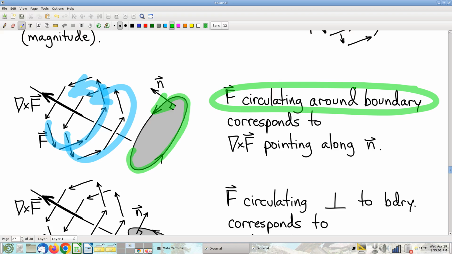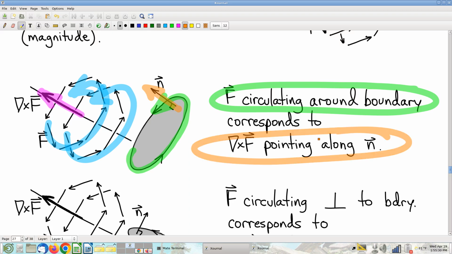Now, what does that have to do with dot product with the normal vector? Well, if we look at the curl, like so, right? And we look at the normal vector. These are the two things that we dot. Curl dot n is the dot product that is algebraically measuring for us how much circulation we expect. Notice there's a big dot product there too.